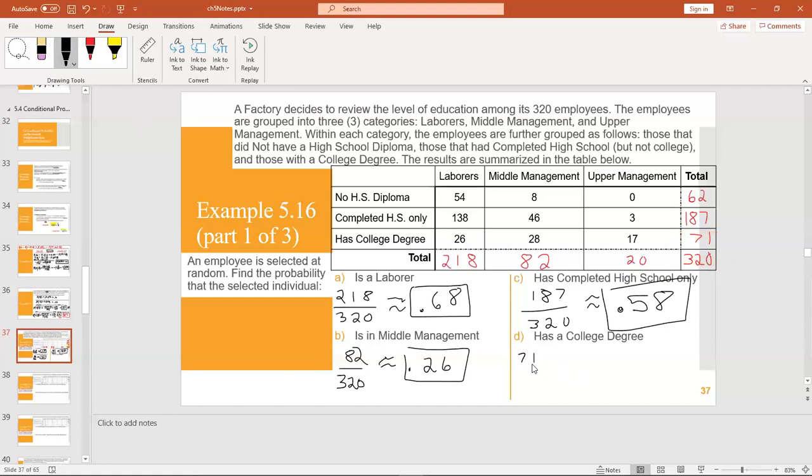So 71 out of 320 is approximately 0.22, which is roughly 22%. Again, these are all relative to the entire population of the entire factory here.